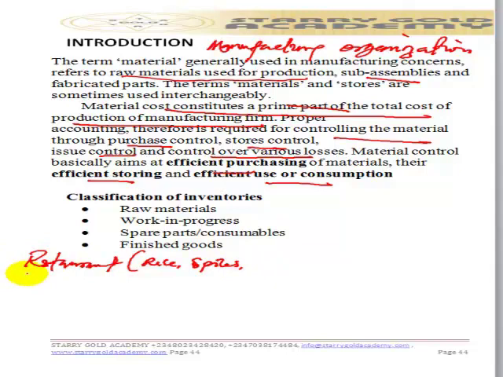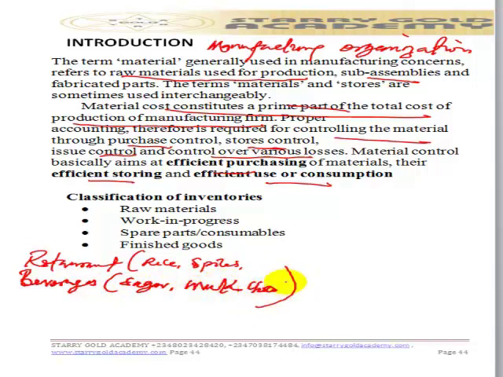Organizations engaged in beverage need to monitor their sugar, their milk, their cocoa, and what have you. So material cannot be overemphasized for a manufacturing organization because it is the core item they use.